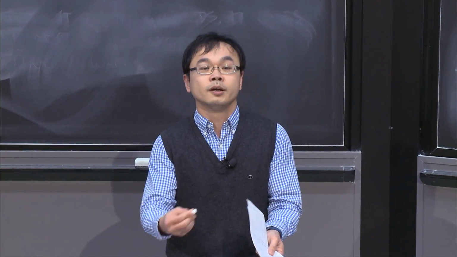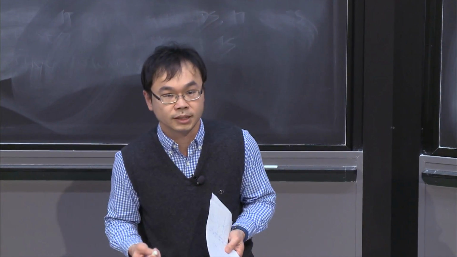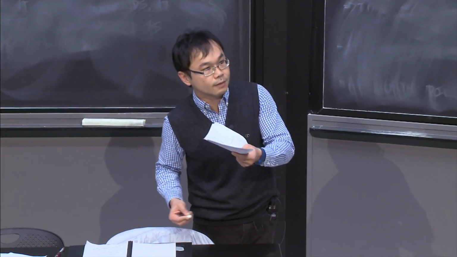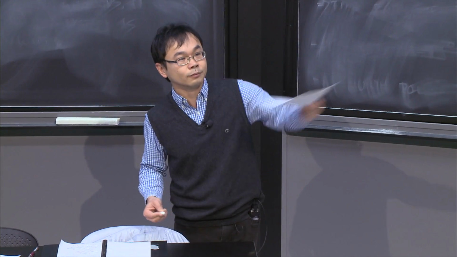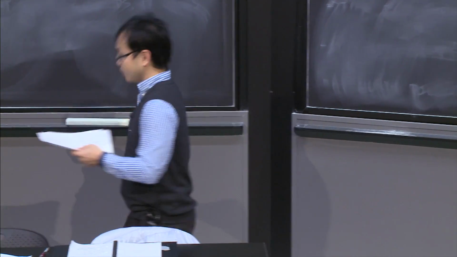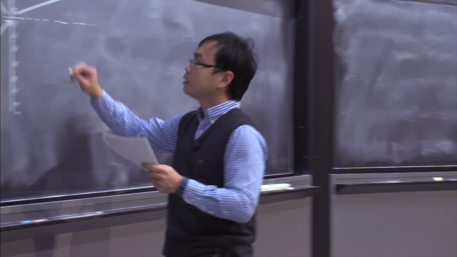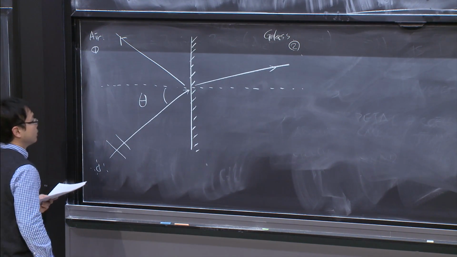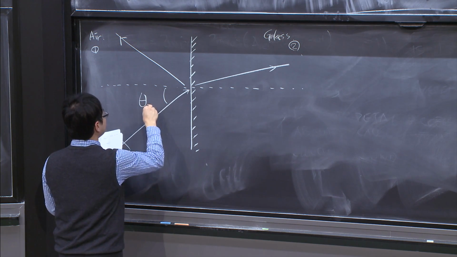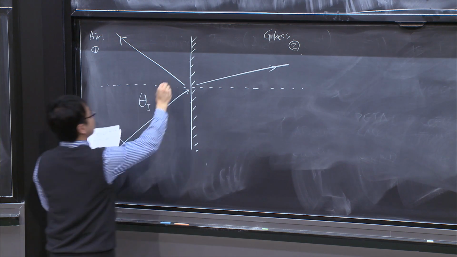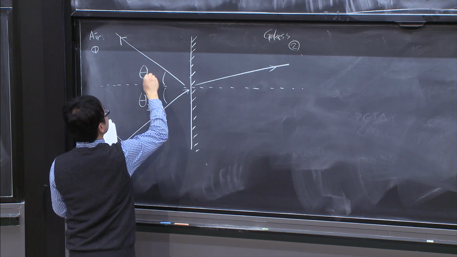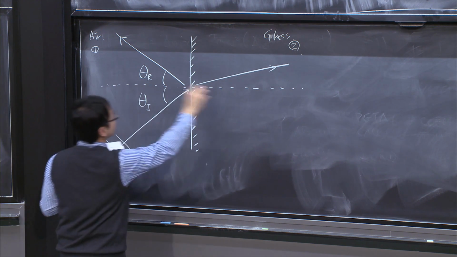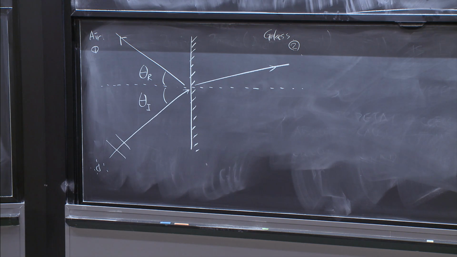It has nothing to do with the electromagnetic wave yet, but if you have an incident wave, you are going to have a reflected wave and a transmitted wave. We learned from the two laws of geometrical optics that the incident angle theta_i is equal to the reflected angle theta_r with respect to the normal direction of this surface.